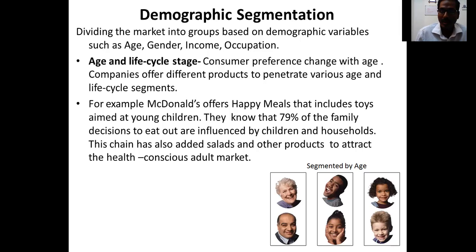This advertisement is aired on TV, Cartoon Network, on Friday nights and Saturday mornings. So when the kids see this kind of advertisement, like McDonald's offering toys or coupons or free cinema tickets for animation movies, then what happens? They see this on the weekend, and then they go and pester. Pester means they go and request, cry, and all those things with the parents, so that the parents decide to go to McDonald's for their weekend. So this is what is happening, and this is what they do.